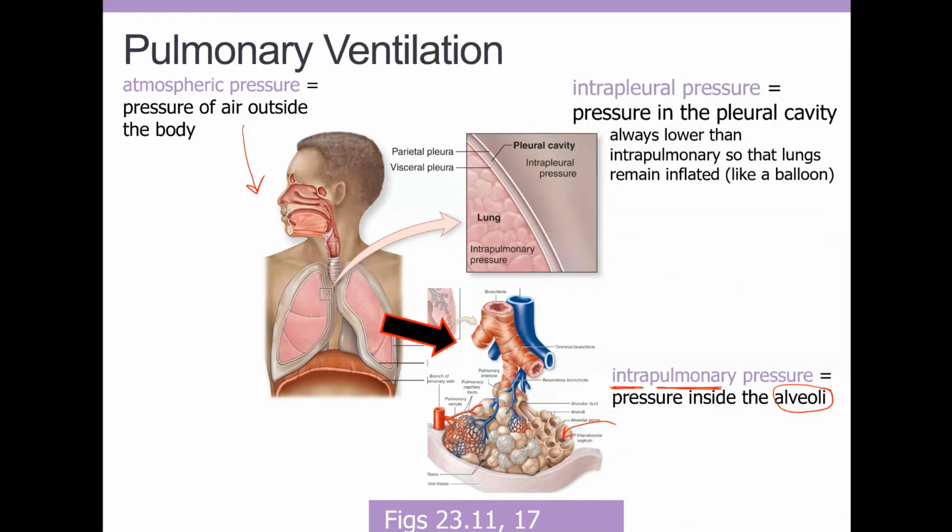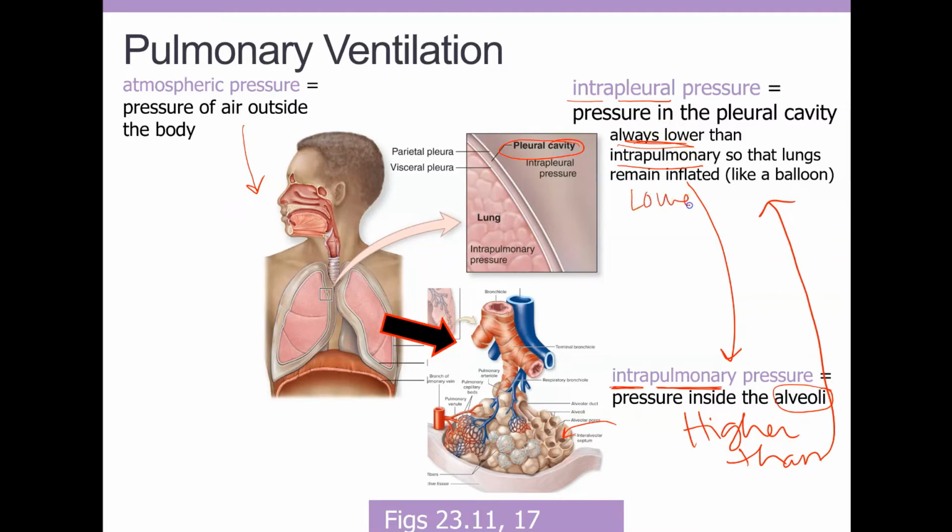And then because you have that pleural cavity between the parietal and visceral layers of the pleura, you're going to have pressure in there too. And that's going to be the intrapleural pressure. And this, the IP pressure, is always lower than the intrapulmonary, this one. So this, you could say, is always higher than that, or this is lower than that, however you want to think about that.